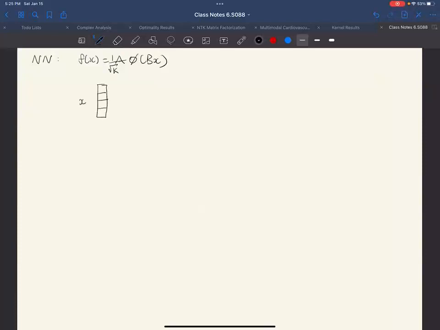I have some inputs x coming in here. What I want to do is consider a number of hidden units k which is very, very large. So when I multiply by b and apply phi, here I'll have phi of b x in R^k. k is going to be a very large value. I'm thinking k goes to infinity.